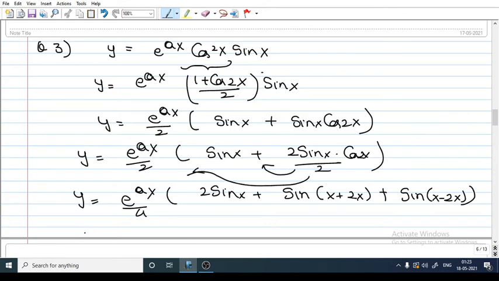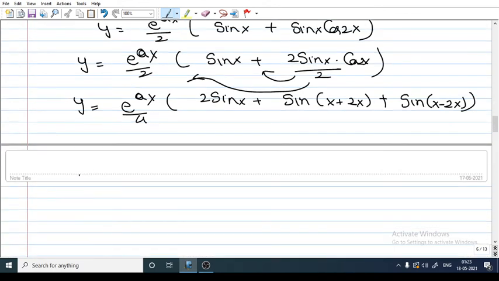Okay, further on what we are getting here, y equals e power ax by 4 into 2 sin x plus sin 3x, and here we are getting sin of minus x, which minus will move outside, because sin minus theta is minus sin theta, which is minus sin x.